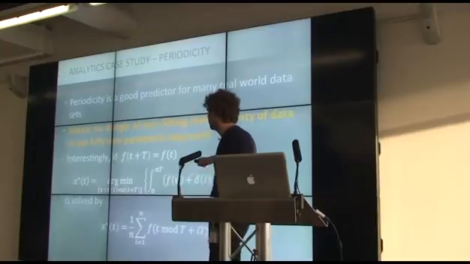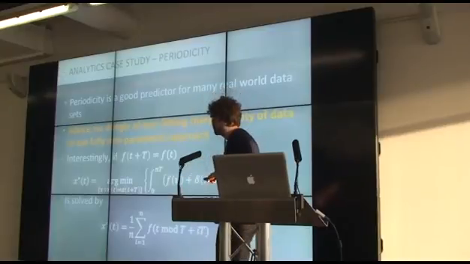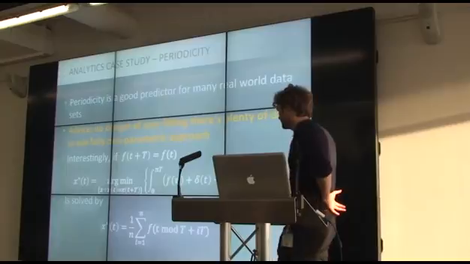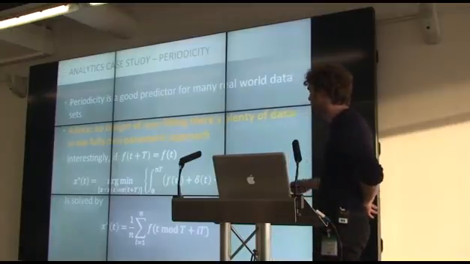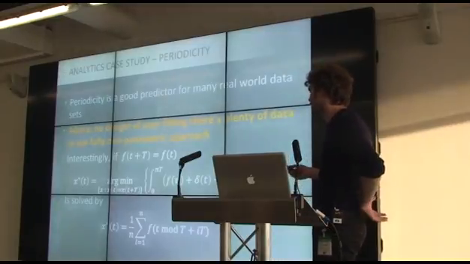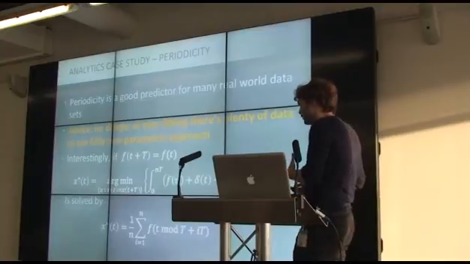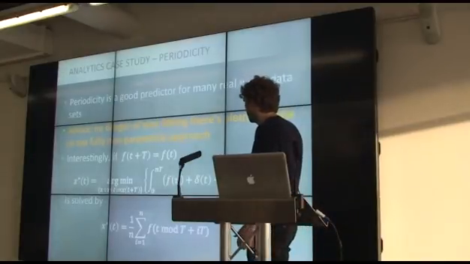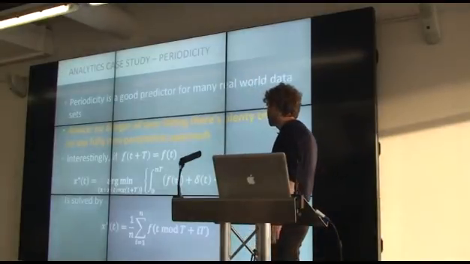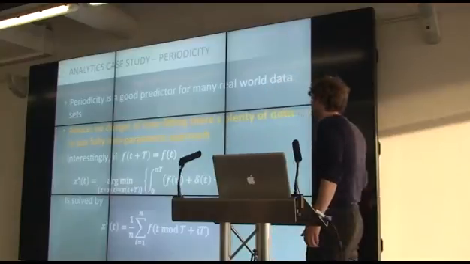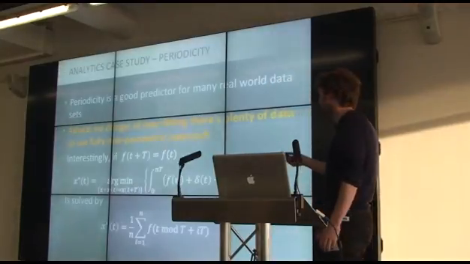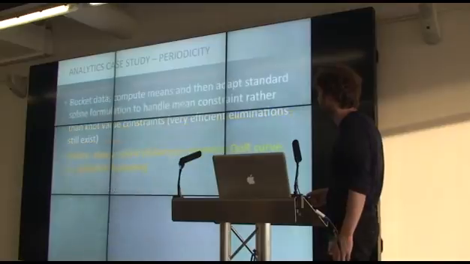F is our target function, and you've got some additive noise. Then just taking the mean value of the function over a given time over all periods is the right function that solves this first equation.